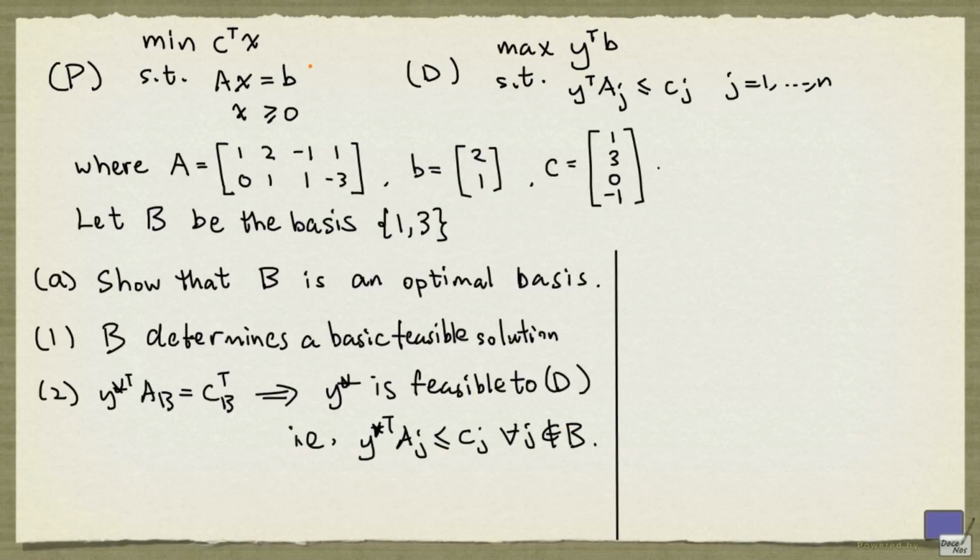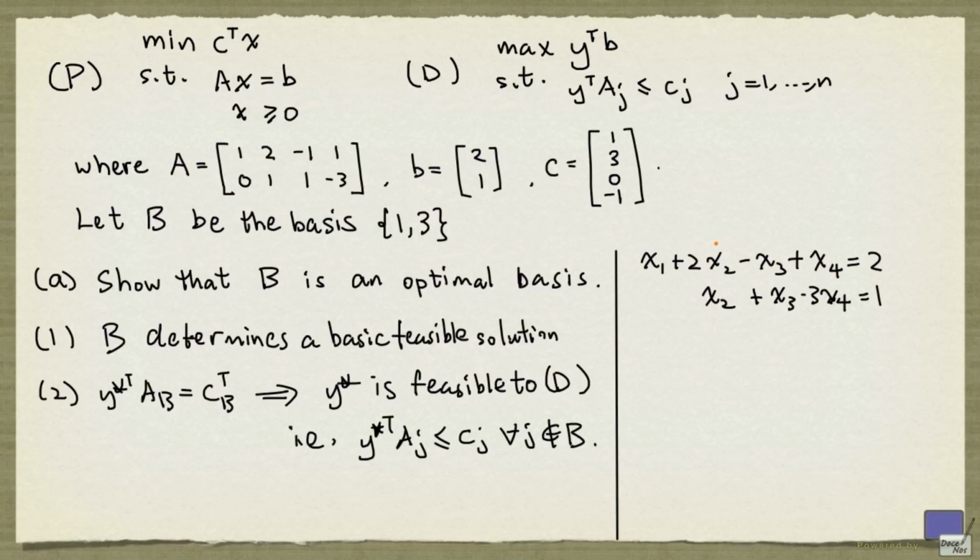So to obtain the basic solution determined by B, we look at the system Ax equals b and set the non-basic variables, in this case x2 and x4, to 0. So the system is x1 plus 2x2 minus x3 plus x4 equals 2, and x2 plus x3 minus 3x4 equals 1.